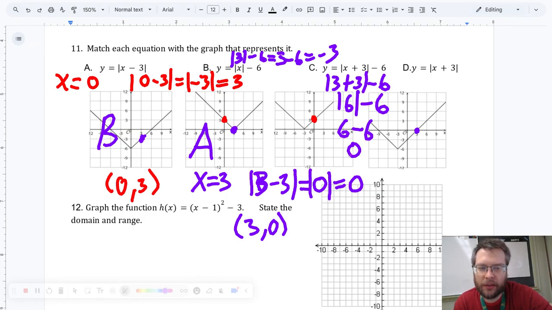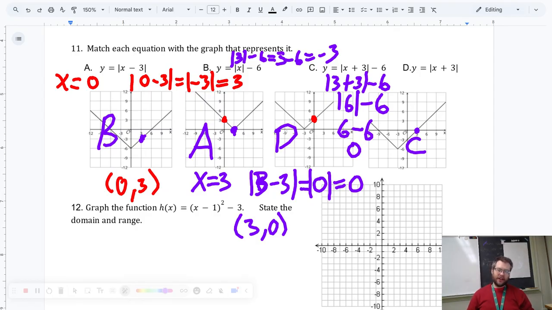So now I'm looking for a graph that has the point 3, 0. There's this one here, but we already know that one's A. There's this one over here, so that has to be C. And then by process of elimination, you can see that this one has to be D. Okay, so if you know how to do this type of problem, then it's probably not an A-level question.